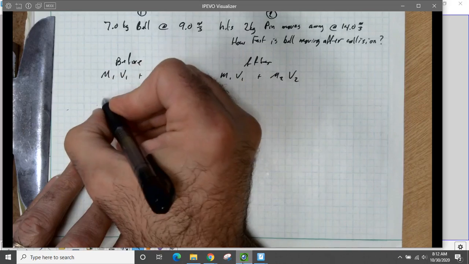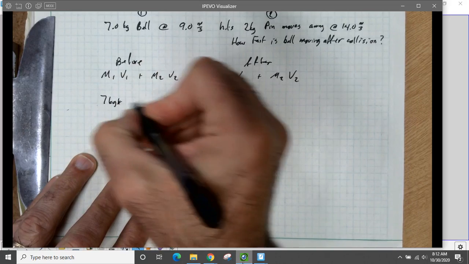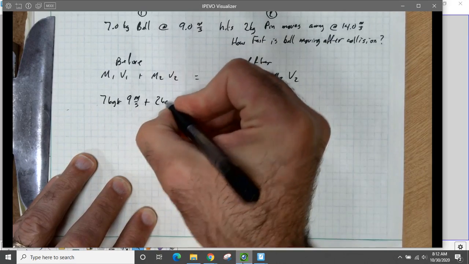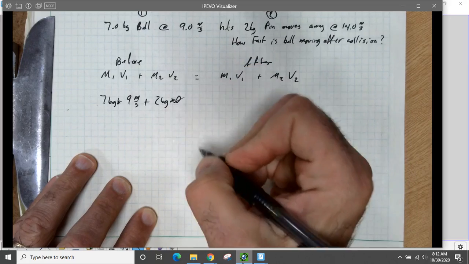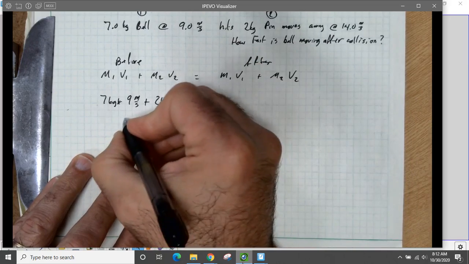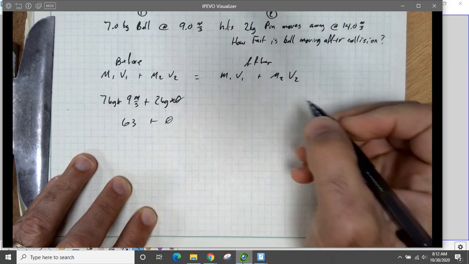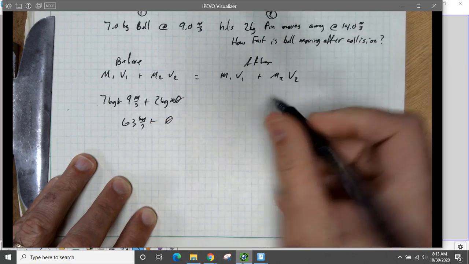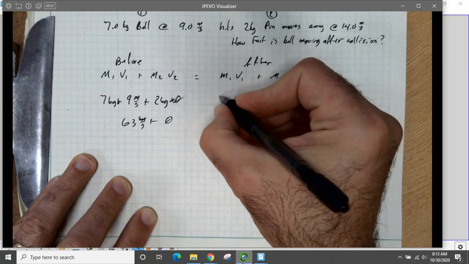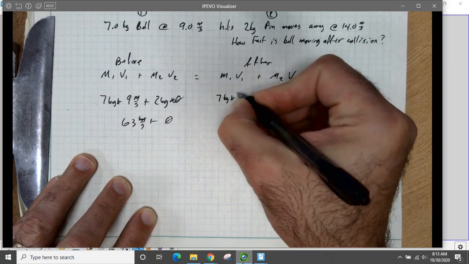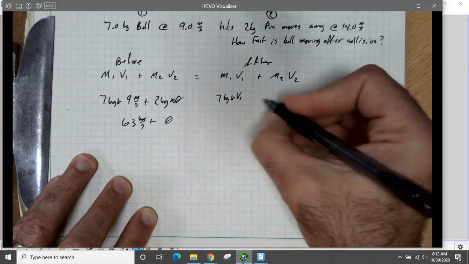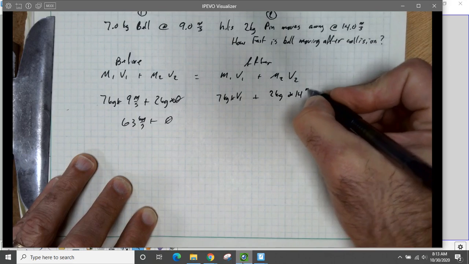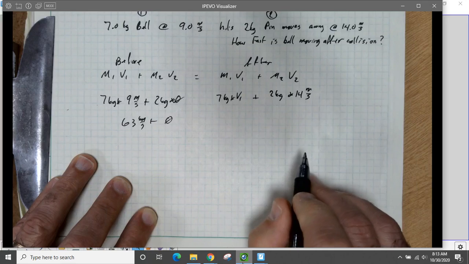And we have 7 kilograms times 9 meters per second plus 2 kilograms, that's the pin, times 0, because it's not moving, equals 63 plus 0 kilogram meters per second. And then after, we have 7 kilograms for the ball times some speed, that's what we're trying to figure out, plus 2 kilograms times 14 meters per second. That's the pin after the collision.